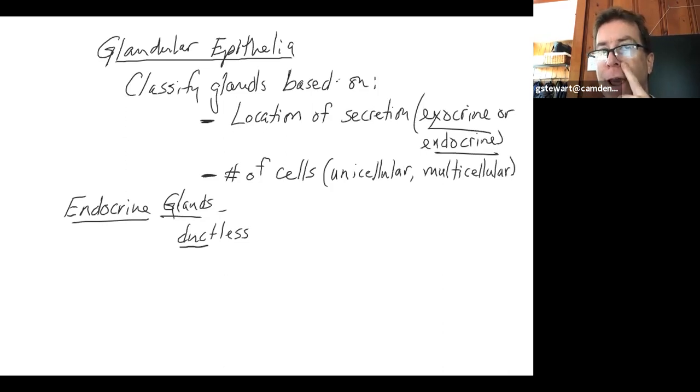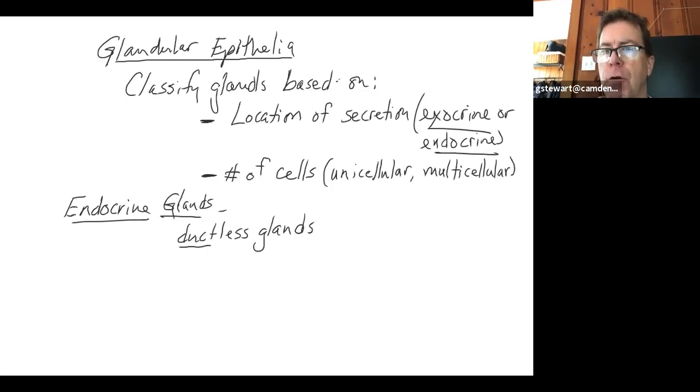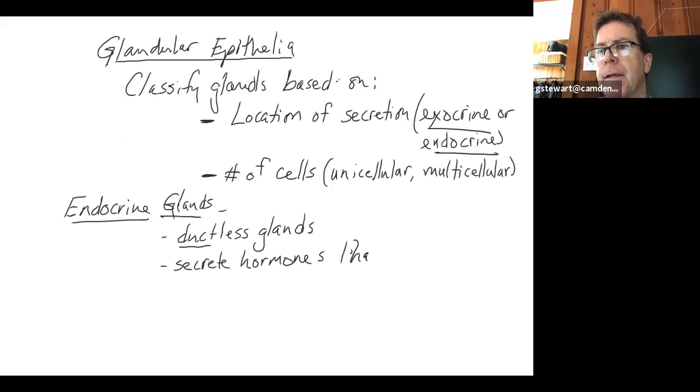So these don't have a tube. They're ductless glands. They always secrete hormones. Hormones are chemical messengers that are carried by the blood to their target cells. So they secrete hormones that enter the bloodstream.